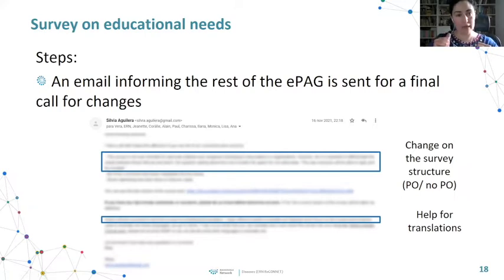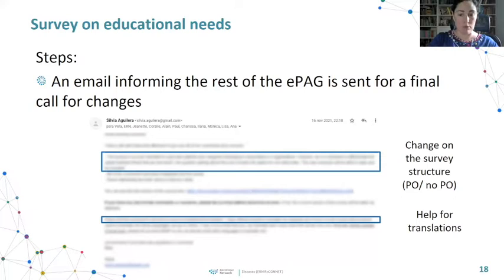You remember at the beginning there was a proposal for patients and caregivers, and we decided while working collaboratively on the questions that it would be very interesting to know if the person replying to the survey was actually part of a patient organization or not. And we decided to split the survey into two branches, one with questions for people that were part of a patient organization and one branch for the people that were not.